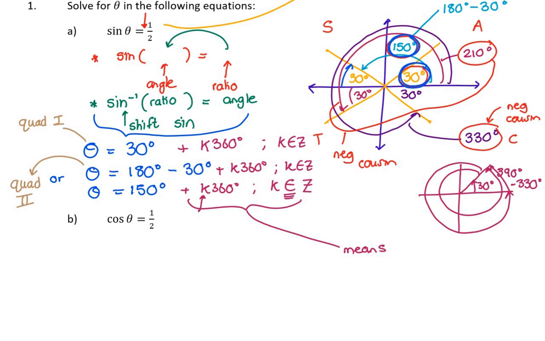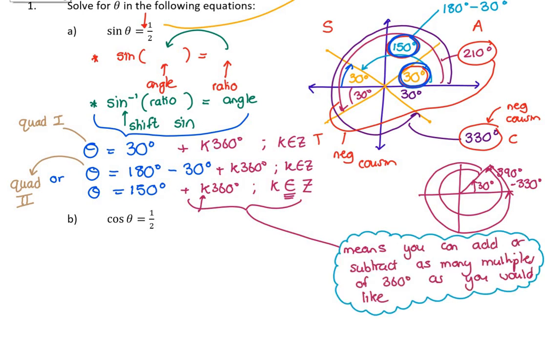Notice you can't add 1.5 times 360 because we've said k is an integer, so it's not allowed to be a fraction. Now k could be negative 1, so that means you would be minusing 1 lot of 360, and all that means is that you can go all the way around and come back to where you came from.